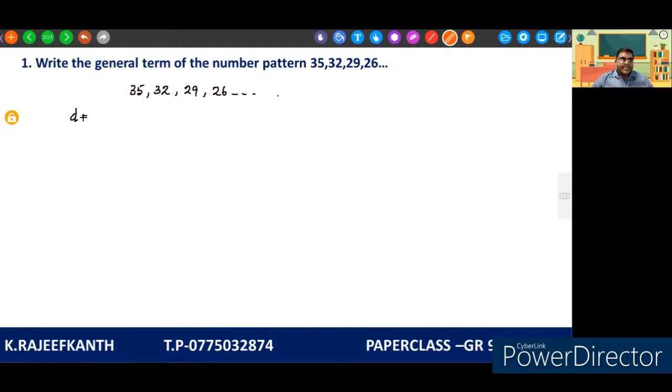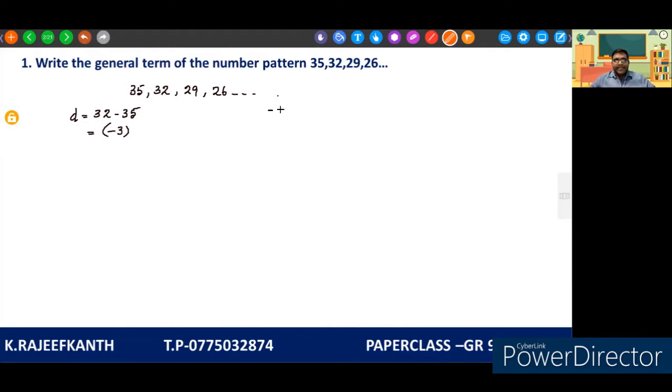Here we have to subtract the first term from the second term, or we can subtract the second term from the third term, right? So here I subtract 35 from 32. Then the difference is -3. So before finding the general term, first we have to find the difference, right?